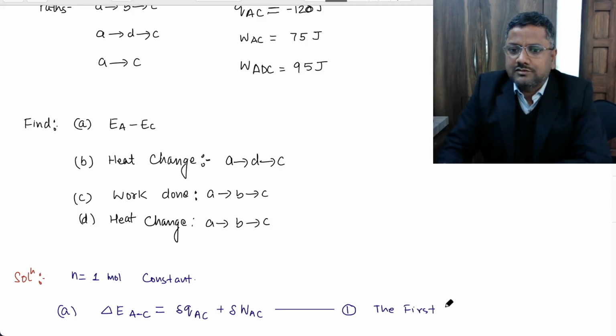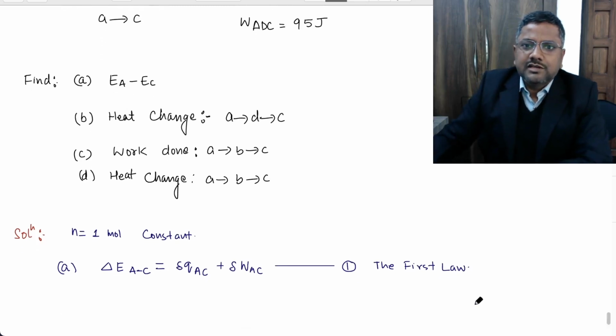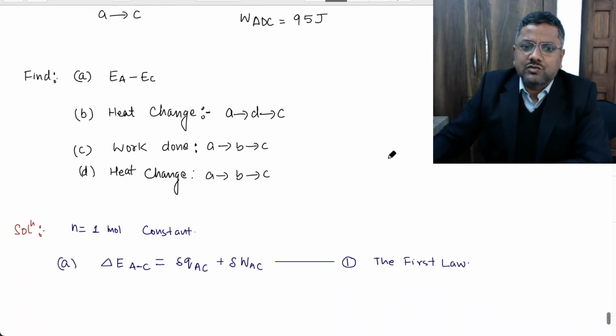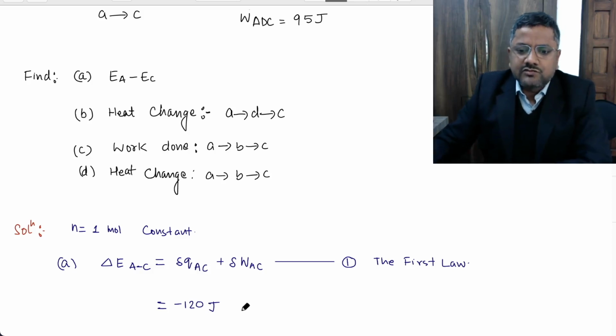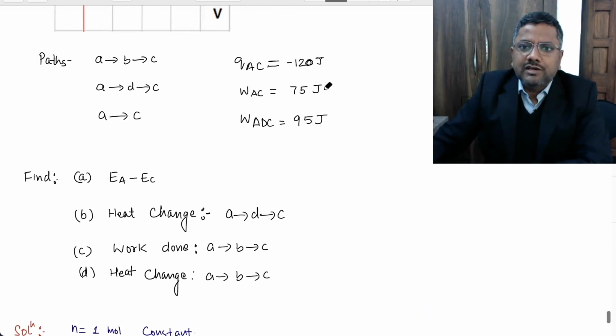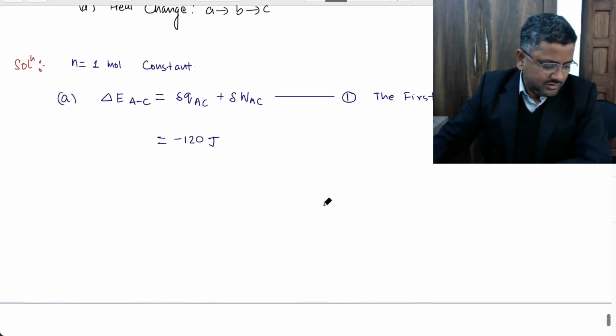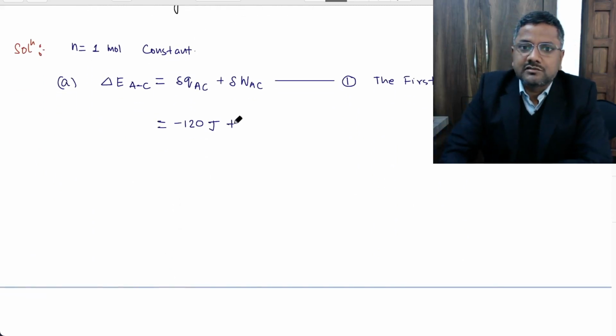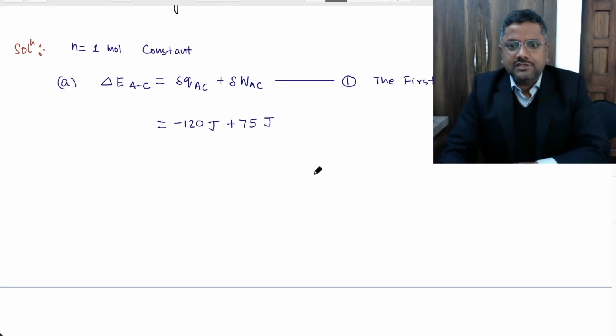QAC is known, it is minus 120 joules, and WAC is plus 75 joules.